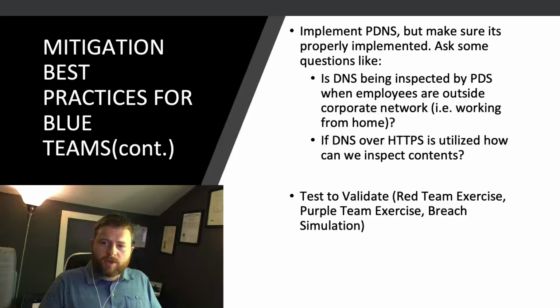With DNS over HTTPS, the contents of DNS can't be inspected as it's end-to-end encrypted. So whatever solution is put in place, some questions and tests need to be conducted to ensure the visibility of DNS traffic. Because if you're just monitoring the DNS traffic at your corporate network and the attacker's tunneling isn't going through your network, you're not going to see it.